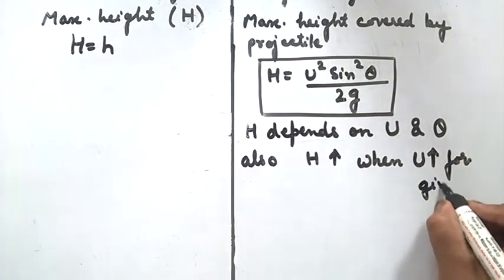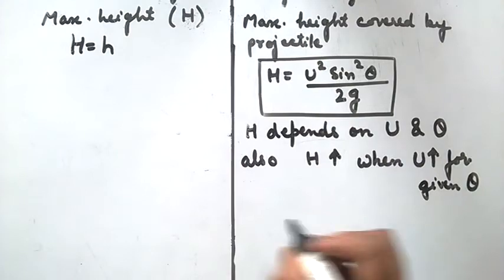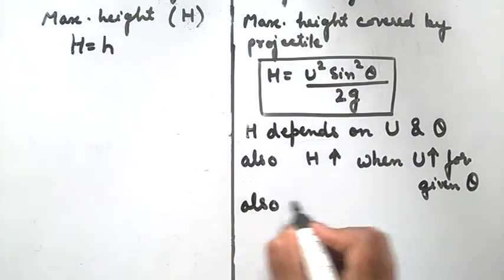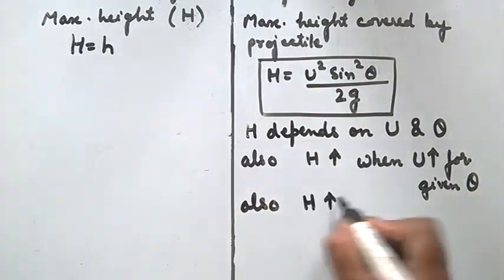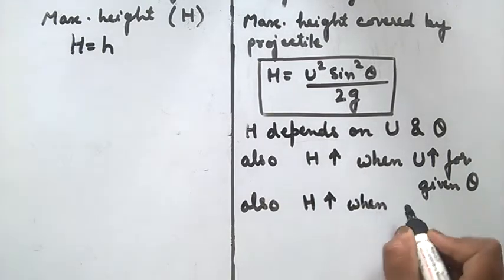Also, height increases when angle of projection increases for given initial velocity.